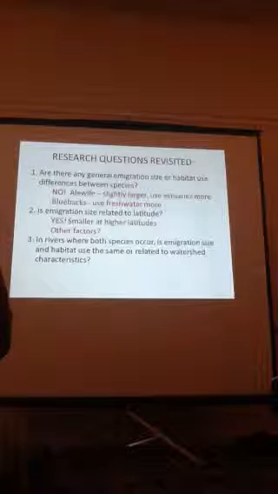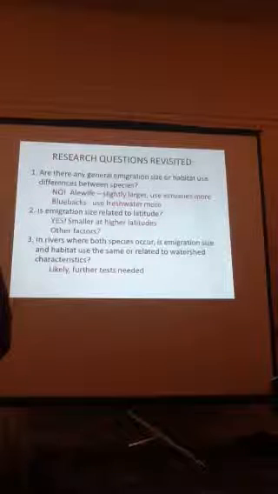Latitude is highly correlated to emigration size in both species. There are likely other factors influencing that. And in rivers where both species occur, it's likely that there is some sort of relationship to habitat availability, but obviously more analysis is needed than what I'm showing here.